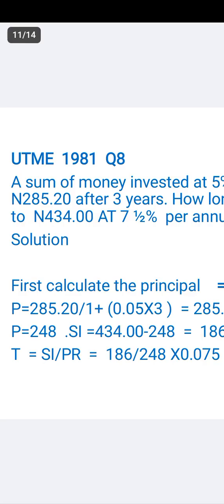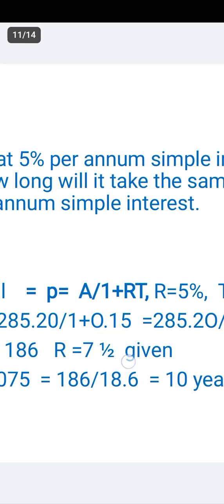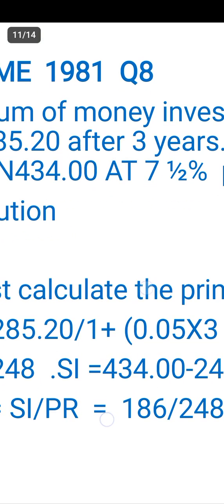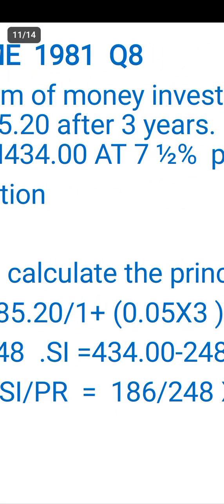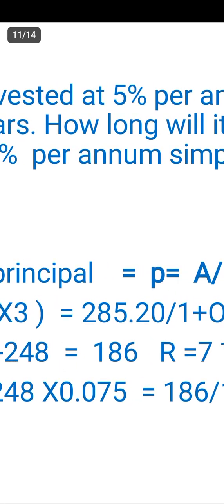So the simple interest will be gotten by amount, which is 434, minus principal, 434 minus 248. The simple interest now is 186.